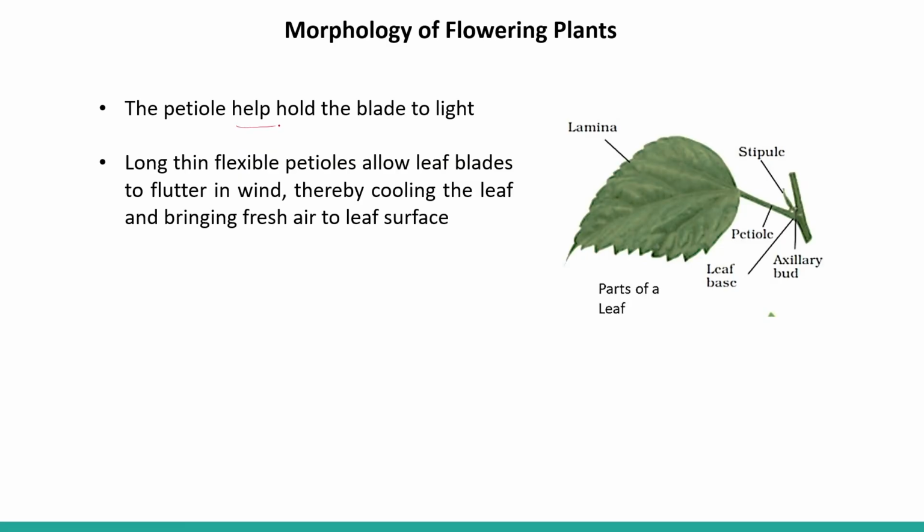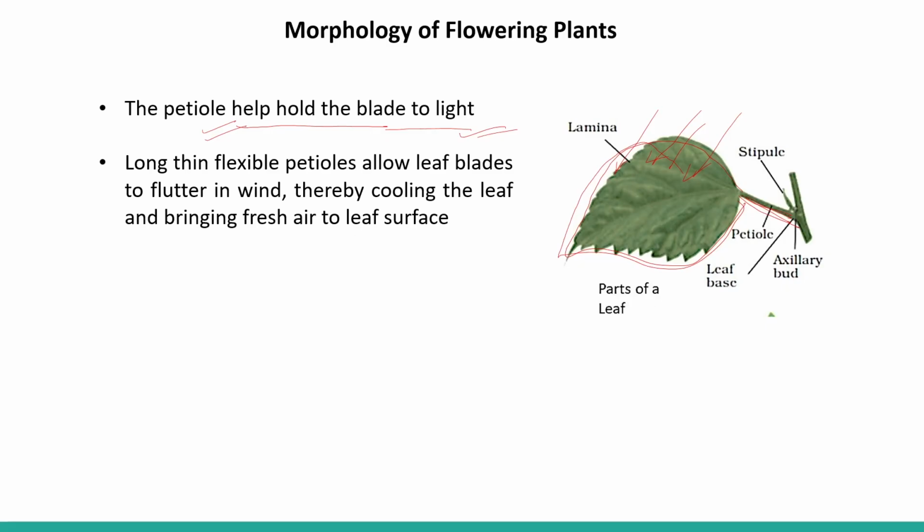The petiole helps hold the leaf blade to the light. The petiole is the part that is attached to the lamina, or you can say the leaf blade. This petiole is at such an angle that the blade is exposed to the light. So the petiole helps hold the leaf blade so that maximum light falls on the lamina.